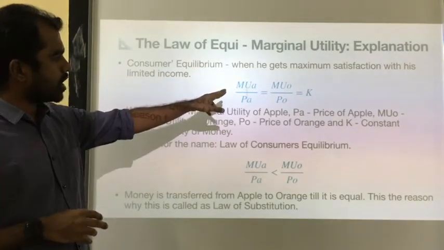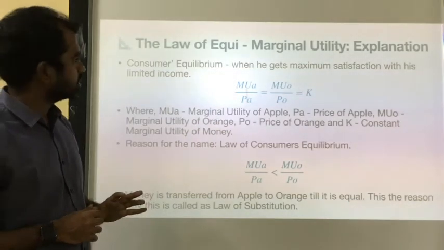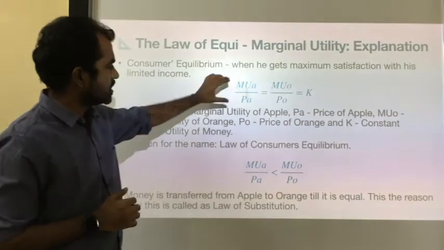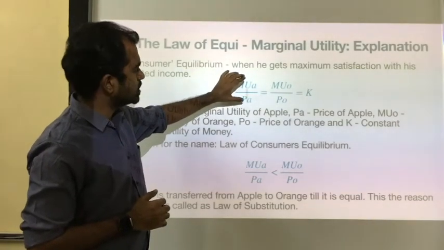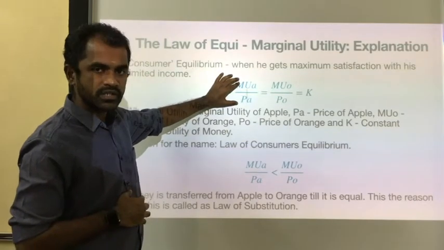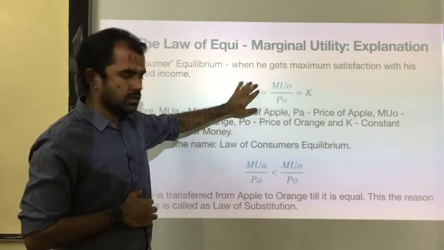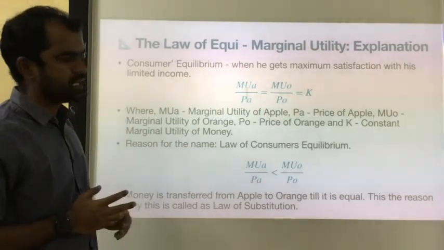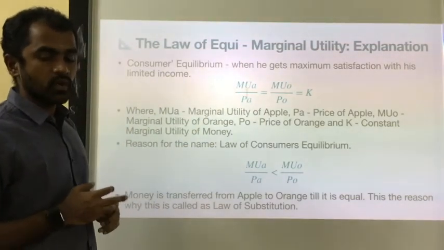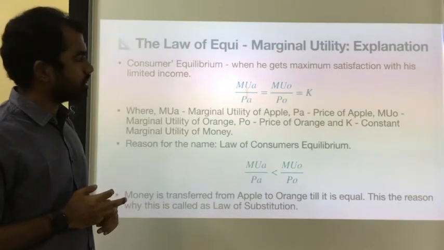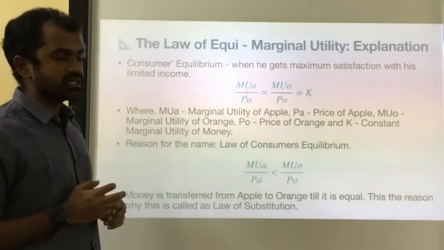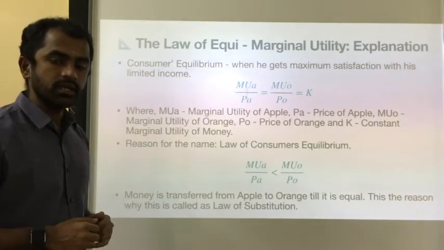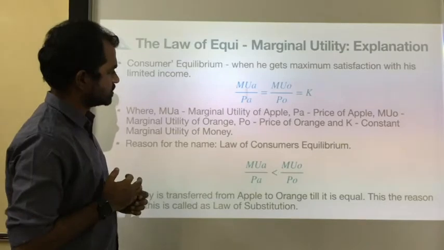Since we have considered orange and apple here, what we are trying to explain is, according to the law, the marginal utility gained from orange as well as apple will always be equal based on consumer's equilibrium. We have already seen what is consumer's equilibrium in the first chapter, which is when a consumer gets maximum satisfaction with his limited income, he is known to be in a consumer's equilibrium.